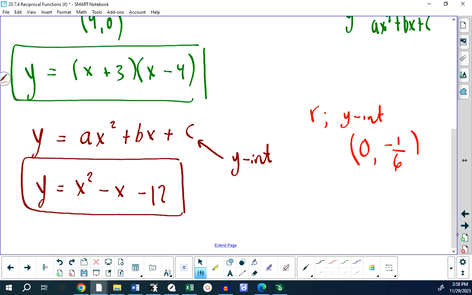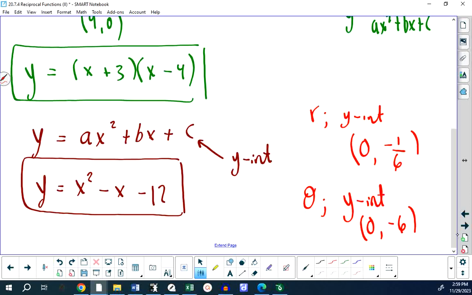That would mean, that's the reciprocal, that on the original, the y-intercept would have to be 0, comma, negative 6, correct? Is the y-intercept of our answer negative 6? No. How would we make it negative 6? And you can't just put negative 6 here instead of negative 12 because then it won't factor into those right factors.